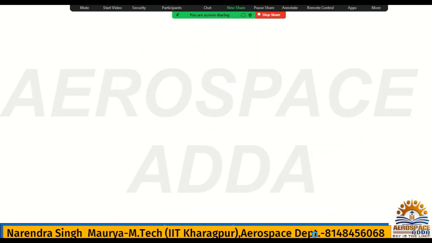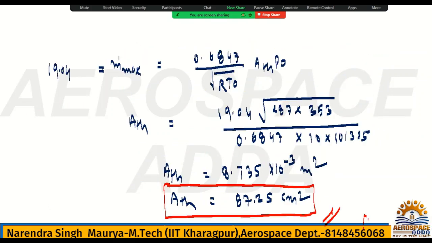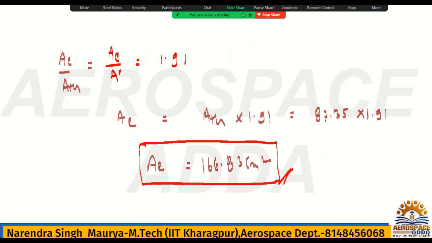The exit area you got was 169 centimeter square, and by the other method 166.83, also very close. It is almost close, so you can accept this. Sometimes if you have not fixed your calculation up to 2 digits, there is a little mismatch, not more than 5%, but it is very close, so you can accept it. All right.